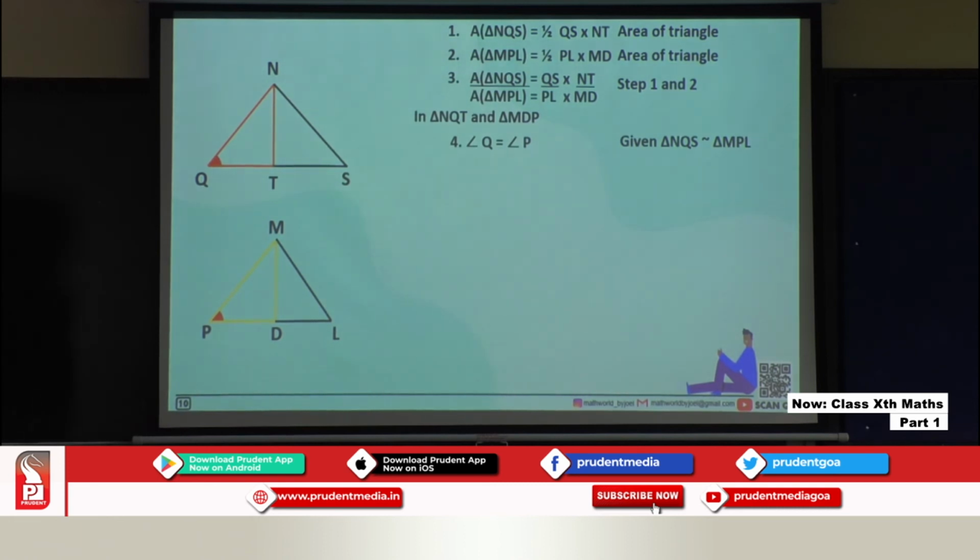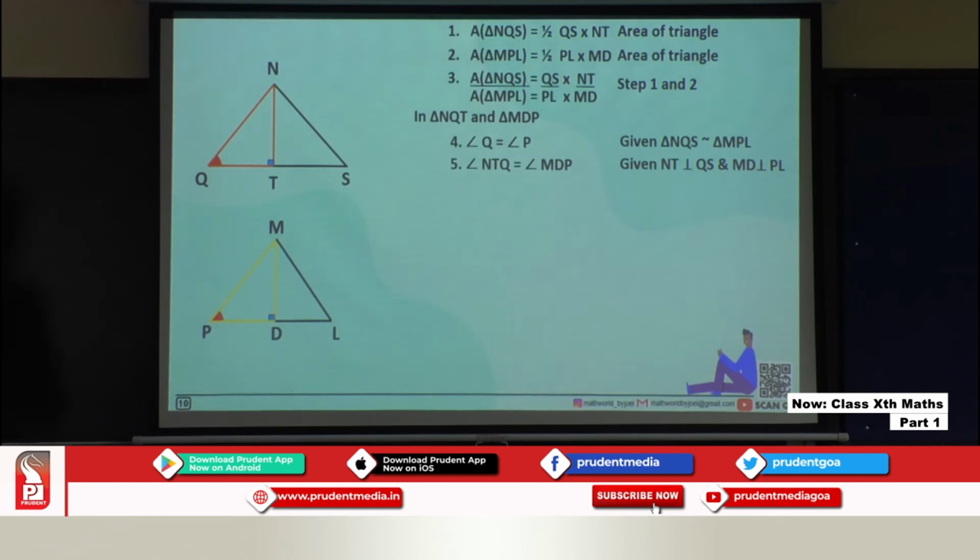Okay. Now, next step, I can write that we were told that NT is perpendicular to QS, right? So perpendicular means the angle is 90 degrees. Same way MD was perpendicular to PL, so angle D is 90 degrees. So I have written that. Okay. With statements it would become angle NTQ is equal to angle MDP. Okay. And reason would be what have I told?